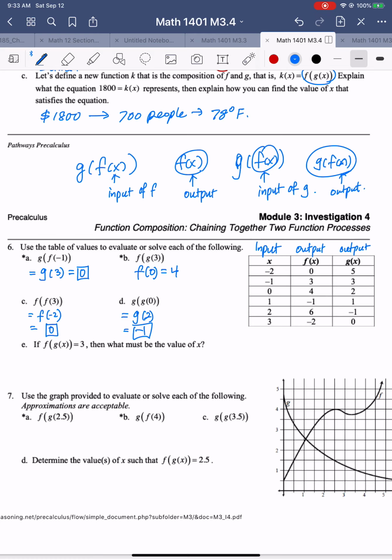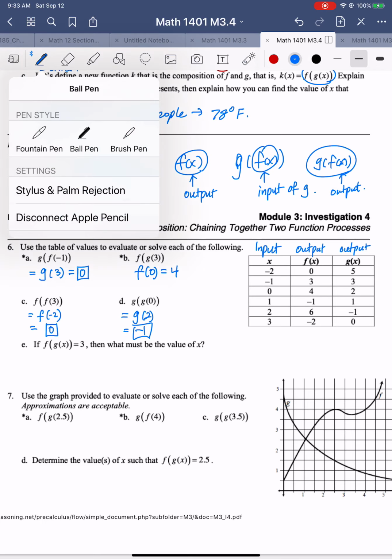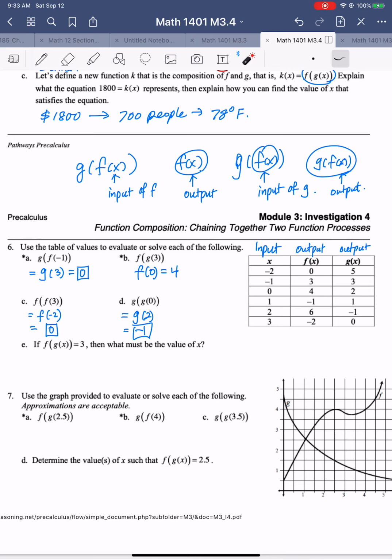All right, now the E is f of g of x equals 3. This time we're looking for the x, which is the input eventually. So this is actually the output for the f function. The output for the f function is 3, right here, and you're looking for the input.